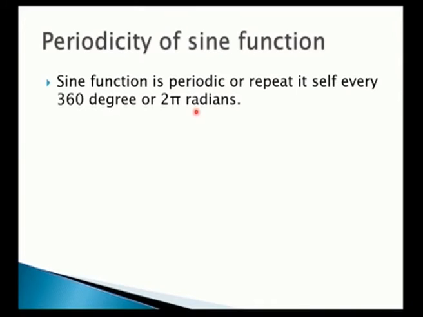Now, periodicity of sine function. I told you earlier that sine function is a periodic function, or it repeats itself every 360 degree or 2 pi radians.